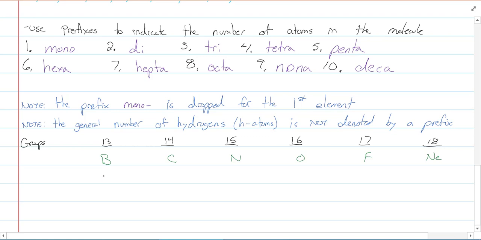Well, it would be XH3, then we have XH4, XH3, H2X, HX, and nothing.